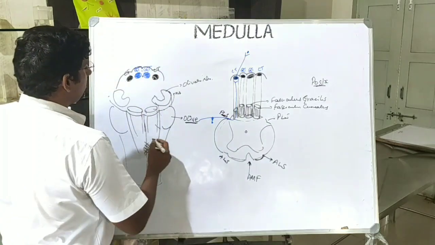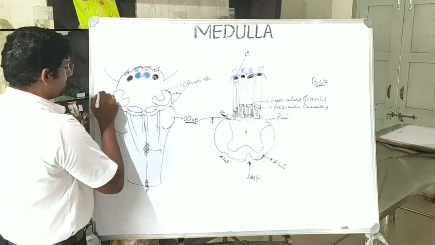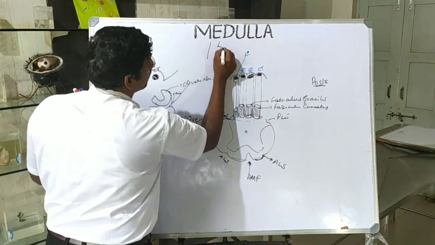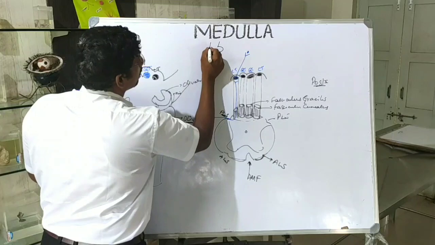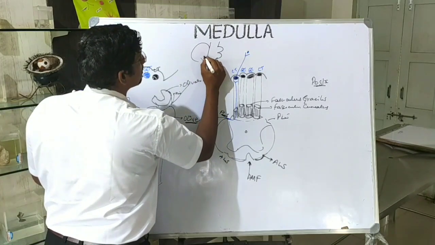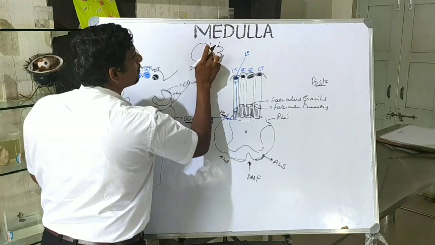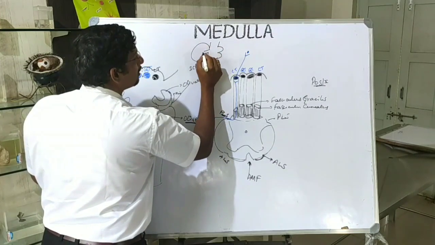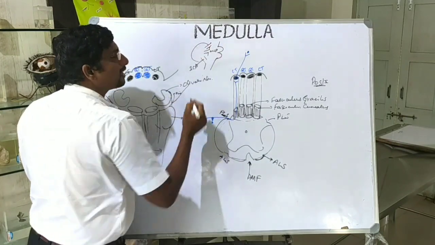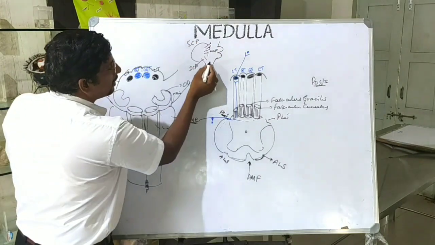right? Okay. So on either side what we have? We have, as we already know, the cerebellum. The cerebellum is having the brainstem connected with the inferior cerebellar peduncle, and the pons is going to connect with the cerebellum with the middle cerebellar peduncle, and the midbrain is going to connect with the cerebellum with the superior cerebellar peduncle.